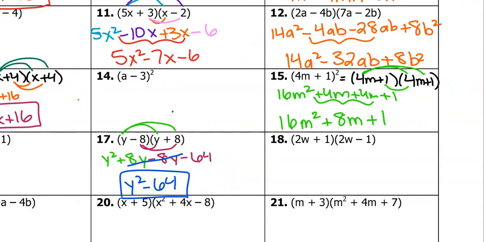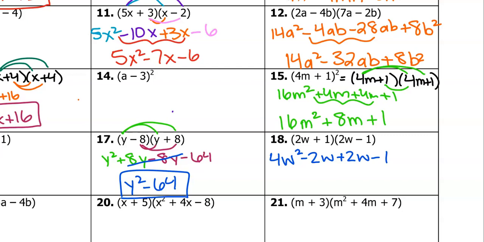The conjugate at 18? Okay. So what is 2w times 2w? 4w squared. Good. 2w times negative 1. And now do the inside pieces. 1 times 2w. Plus 2w. And then 1 times negative 1. Negative 1.